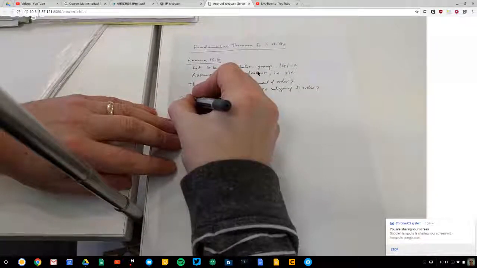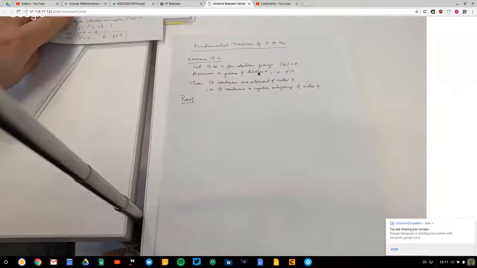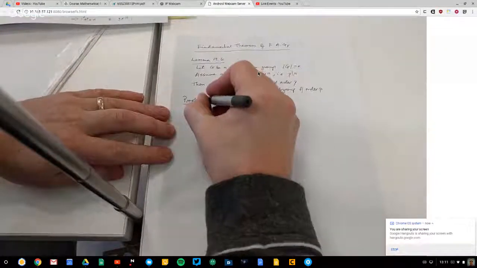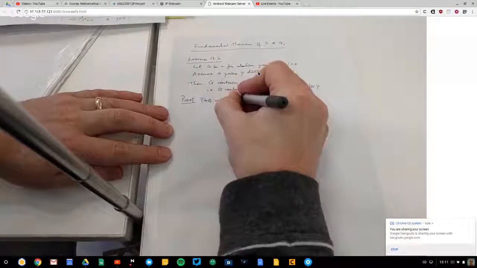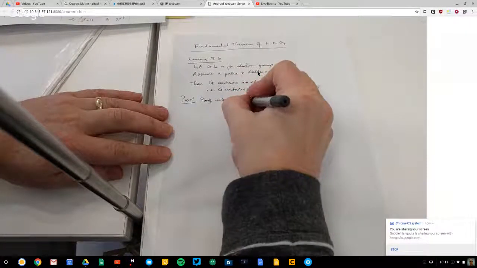Okay. So the proof of this, okay? We just took a 1 minute glance at it yesterday. So we can do this using induction in a nice, clever way. So it's going to be proof using strong induction. Remember strong induction?